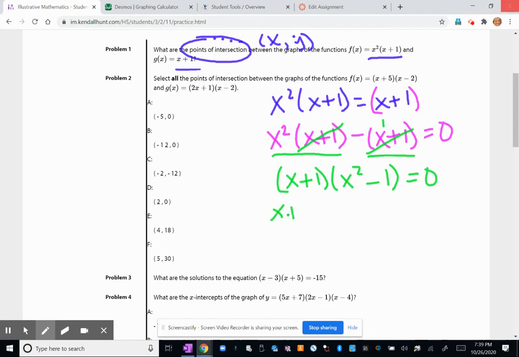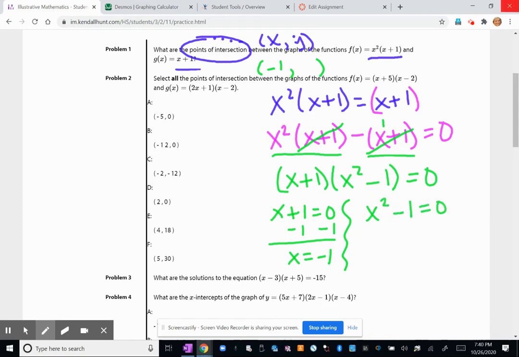So x plus 1 equals 0. Subtract the 1, and I get the solution x equals negative 1. I'm going to put that here, negative 1, comma, and a space there, because I'm going to figure out the y value in just a minute. For the second factor, x squared minus 1 equals 0.